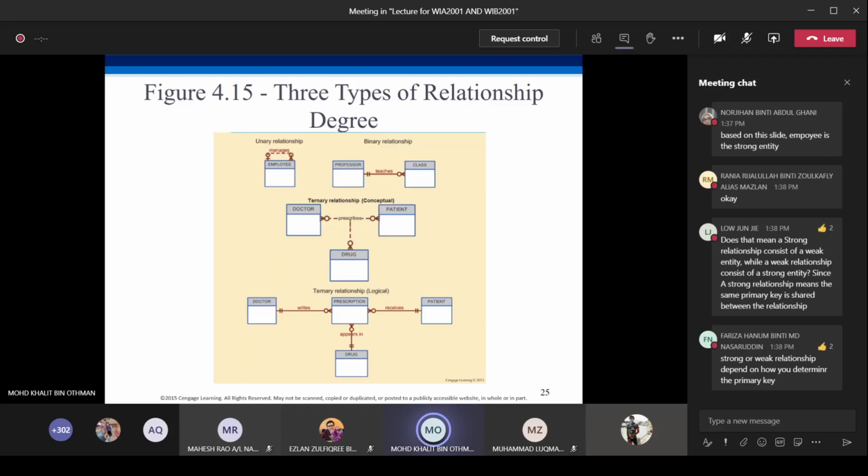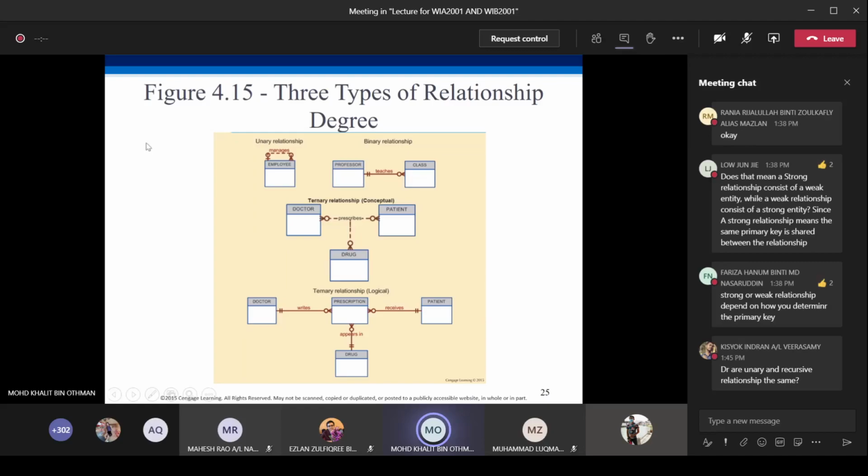The first diagram is a unary relationship, the second diagram is a binary relationship, and the third diagram is a ternary relationship. Based on this diagram, the relationship is from employee to employee. Here, the relationship is the association between the entity employee, which is managed.